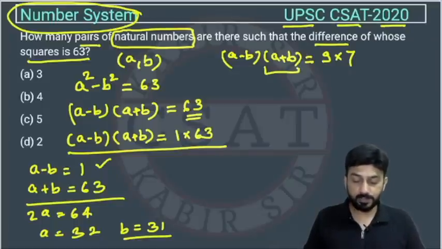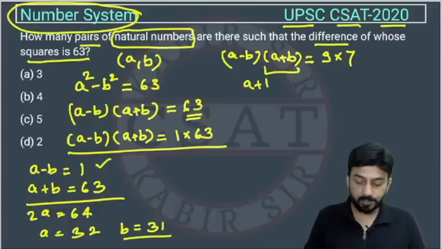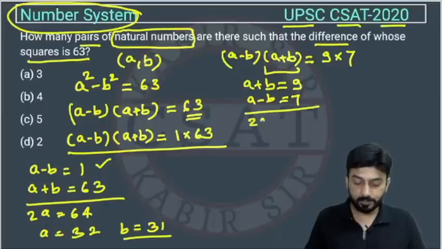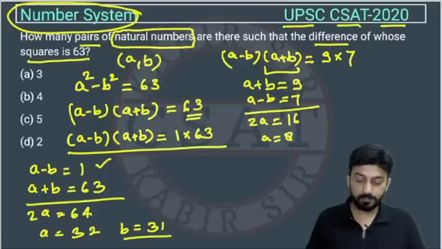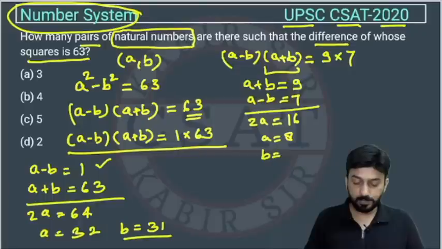So obviously A plus B will be 9 and A minus B will be 7, right? We will add them. So this will be 2A is equal to 9 plus 7. This will be 16. Then A will be 8, right? If A is 8, we will put it here. Then B will be how much? B will be 1, right?